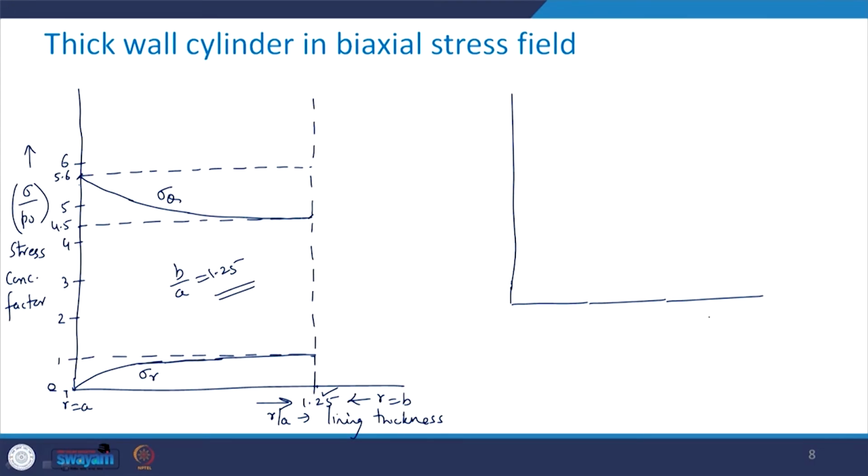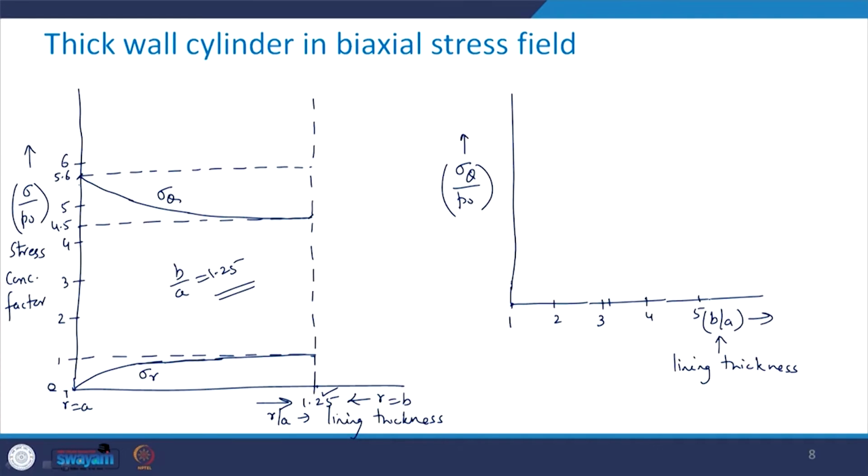So, here I have B upon A, again this is the representation of the lining thickness and increasing in this direction, and here I have sigma theta upon P naught. So, I have here 1, 2, maybe this is say 3, this is 4, and here I have 5.